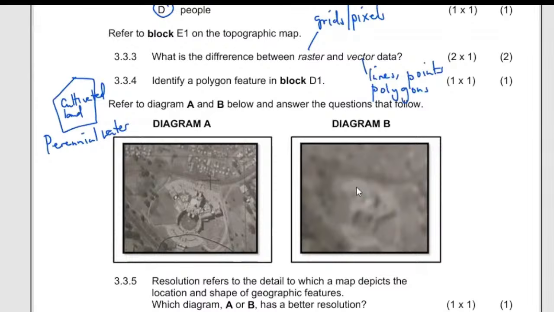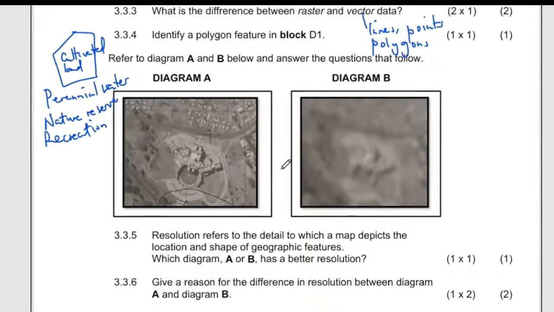Or a nature reserve, it's an area feature. A recreational ground can also be an area feature. A sports field, anything that has got area is a polygon feature.